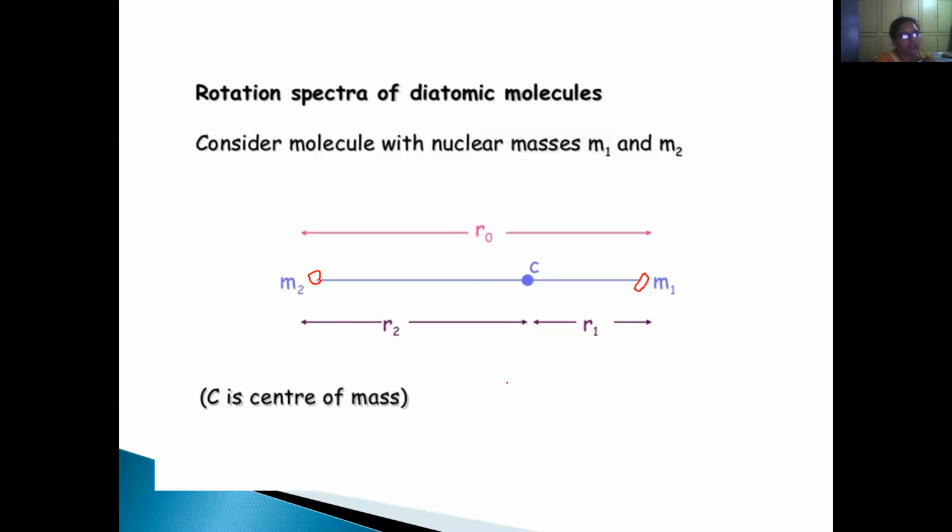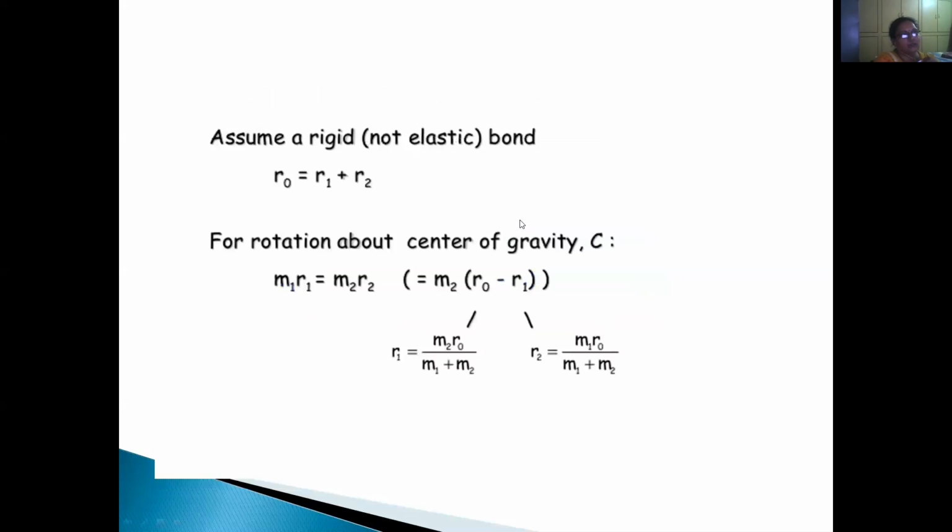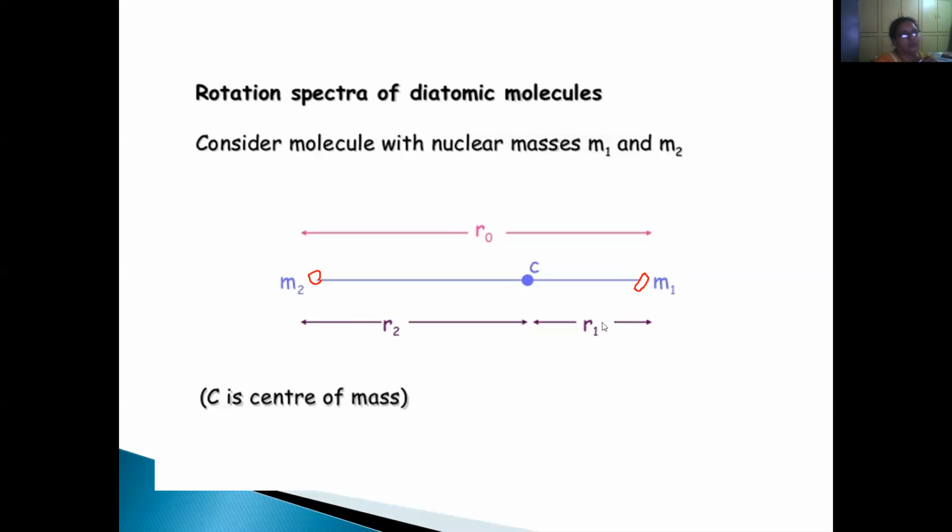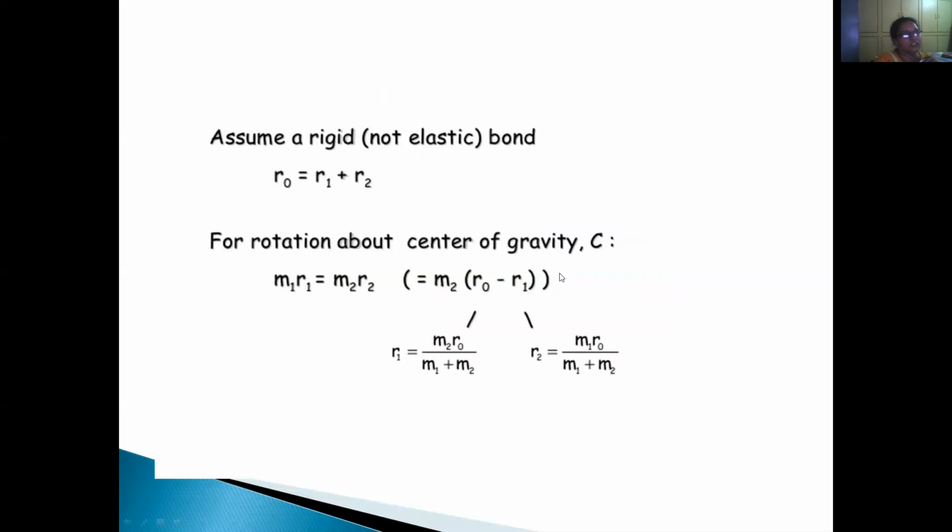Now r0 is nothing but r1 plus r2, right? Then for rotation about the center of gravity C, m1 r1 is equal to m2 r2.